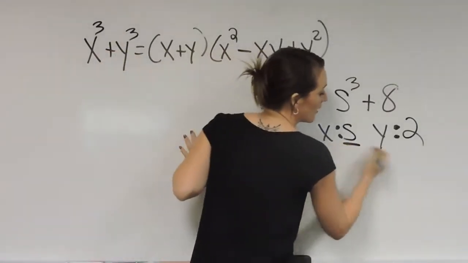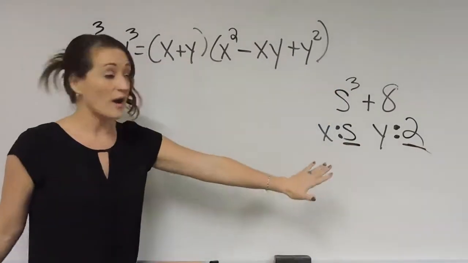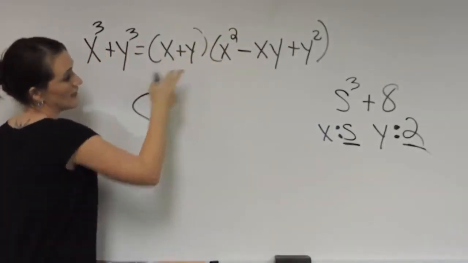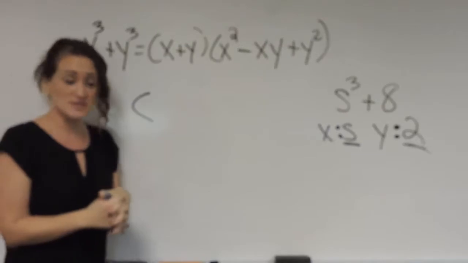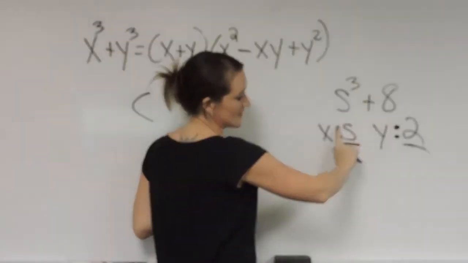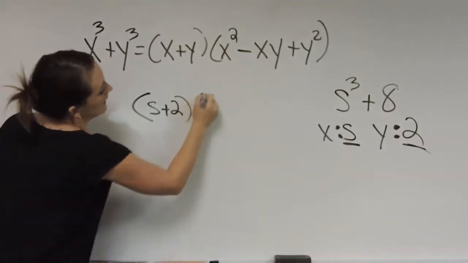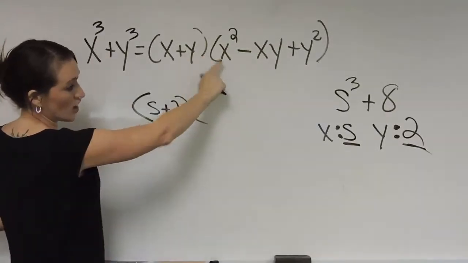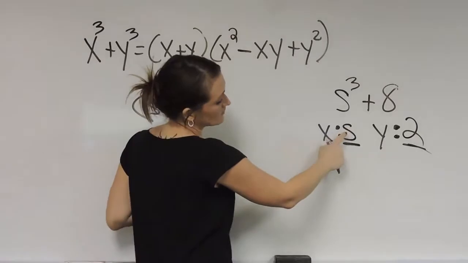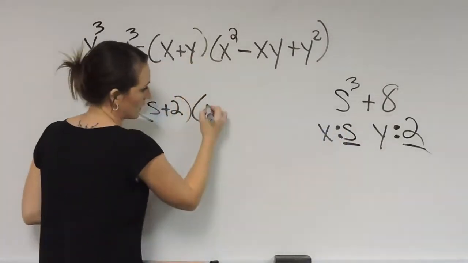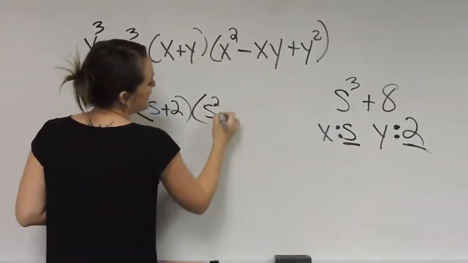Now that we know what our x and what our y are, it's a matter of plugging into this formula. Starting with the x plus y, add your x plus y together. For us, that's an s plus a 2. So s plus 2. Then in our trinomial, always start with squaring your x. This is my x, it's this s, so s squared.